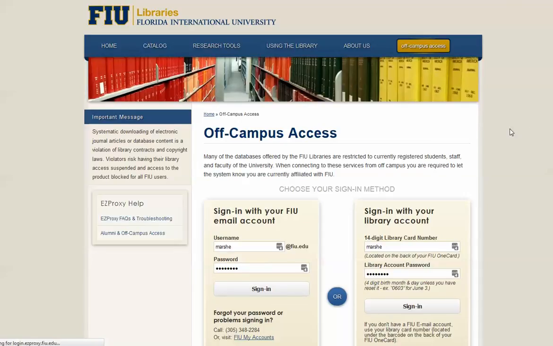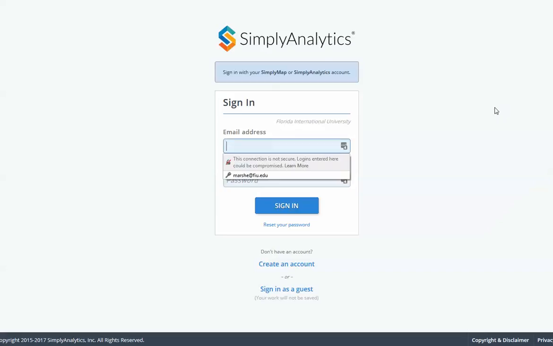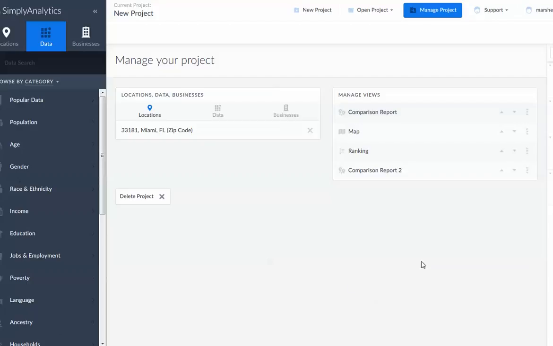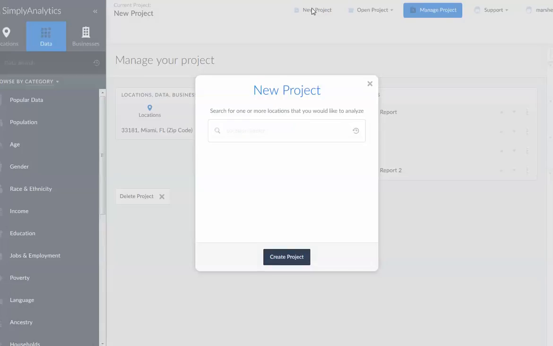So you log in, right? There I am, logging in. Okay, so I'm going to create a new project. And the new project is going to be for my home zip code of Pompano Beach.